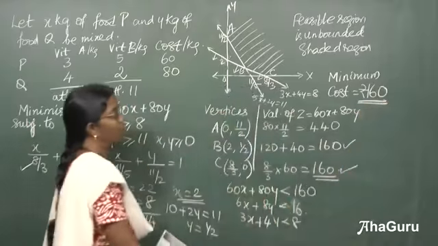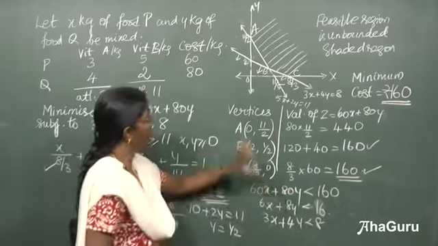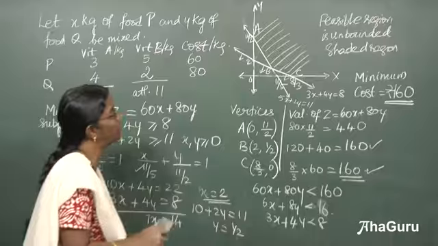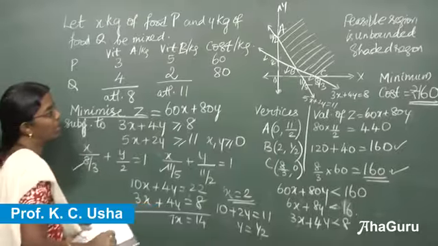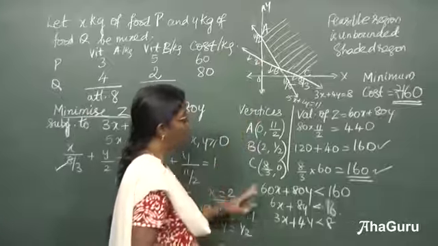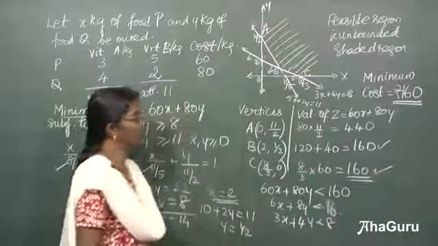Minimum cost will be equal to rupees 160. This cross-checking, especially for an unbounded region, when you have to find the minimum Z value, compulsorily has to be done. Do it, check that there is no overlapping and conclude that the minimum cost is equal to 160 rupees in this case.